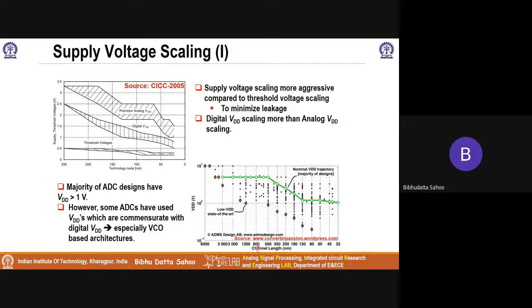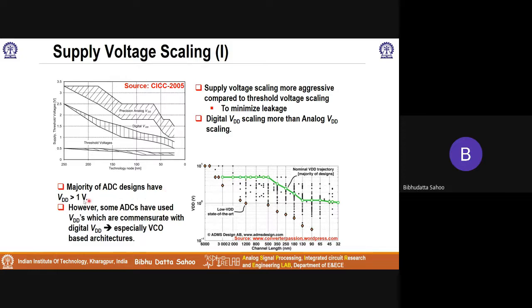As the technology scales down, these are the different supply voltages chosen in different nodes. The lowest supply voltage is the state of the art that has been chosen, I think 0.2 volts, which has been used for some ADCs.